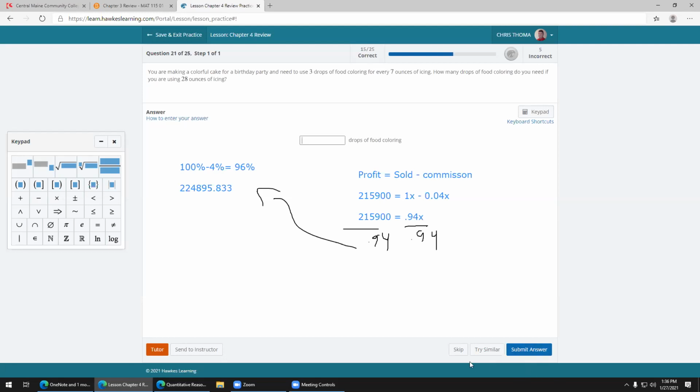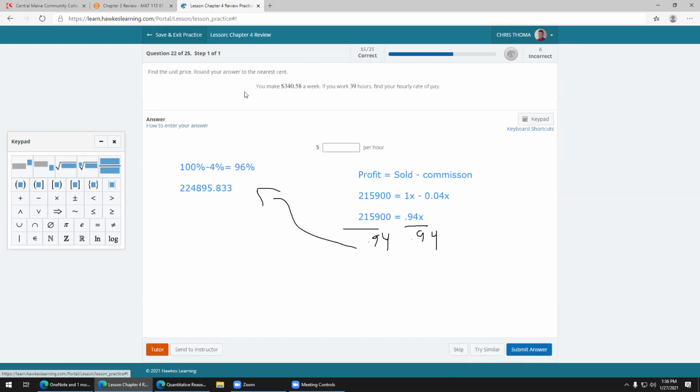Yep, so there's another setup of proportions. Find the unit price, remember that's getting the denominator to be 1. Oh, okay, we haven't talked about absolute change and percent change, so I guess we can do this one too.